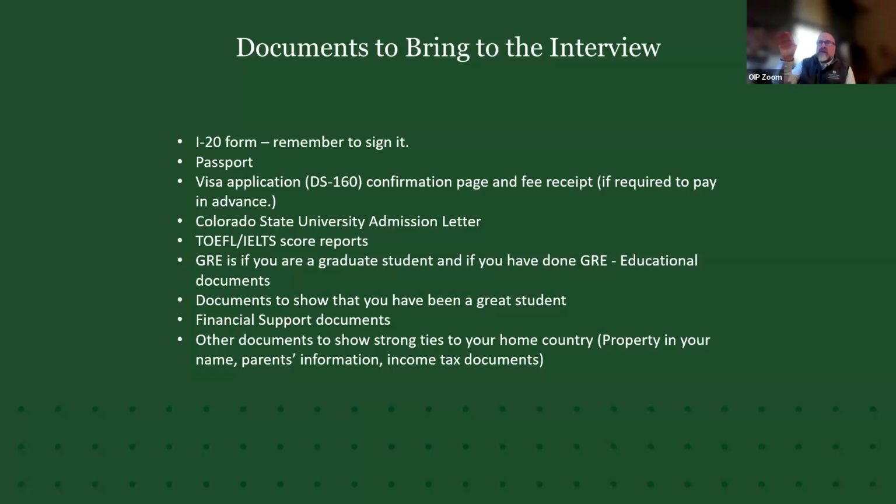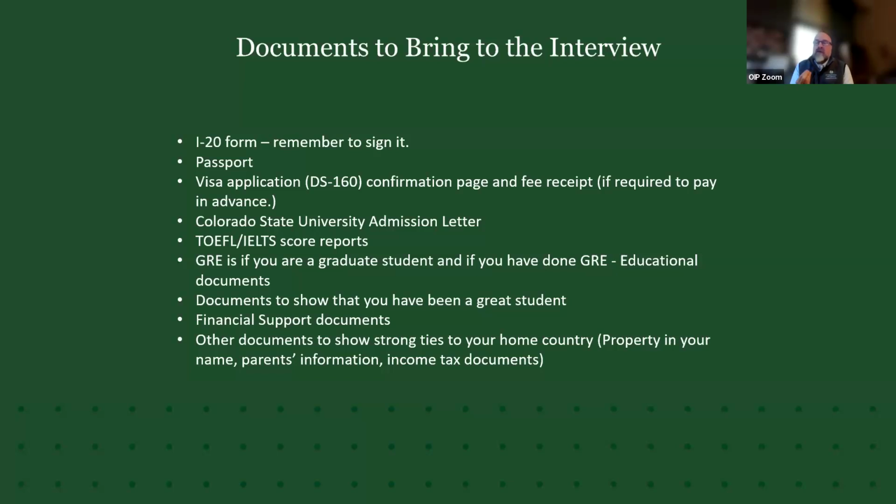Here are some of the documents listed. Again, the passport, the visa application DS-160 confirmation page, and fee receipt if required to pay in advance, your Colorado State University admission letter, TOEFL or IELTS score reports, GRE if you're a graduate student and if you've taken the GRE, educational documents, documents to show that you've been a great student, so past high school transcripts, past college transcripts, extremely important financial support documents, and then other documents to show strong ties to your home country: property in your name, parents' information, income tax documents, all of those things are fine.